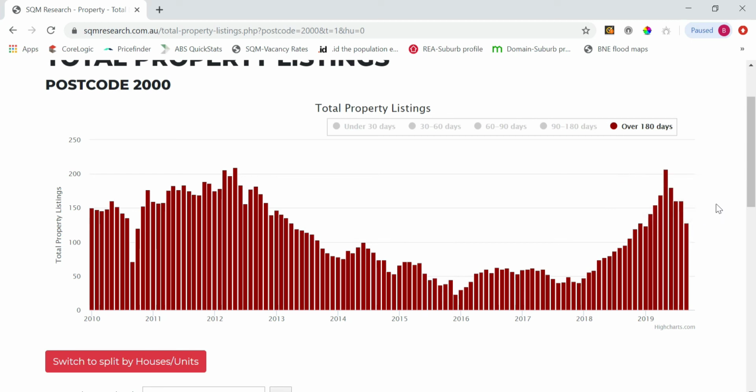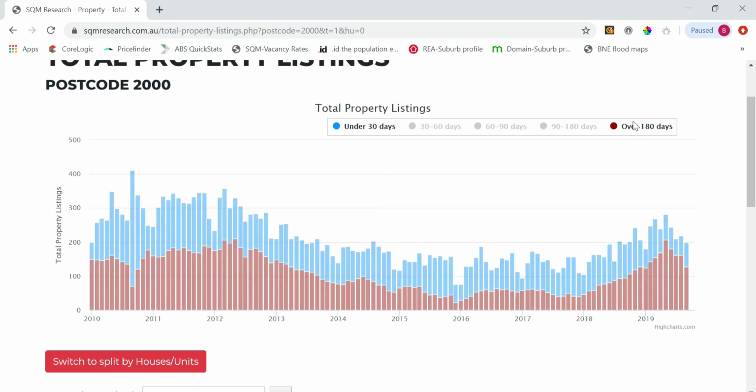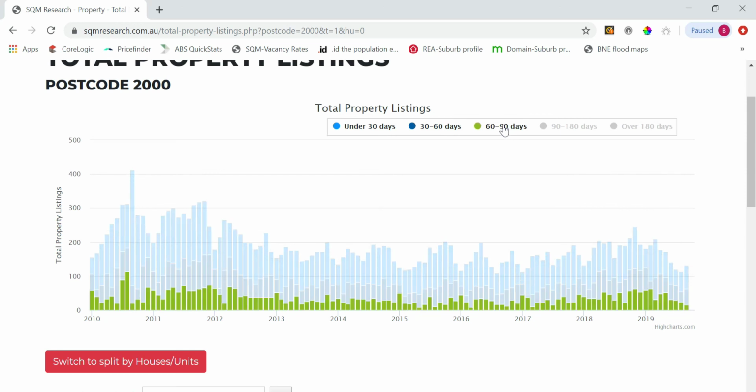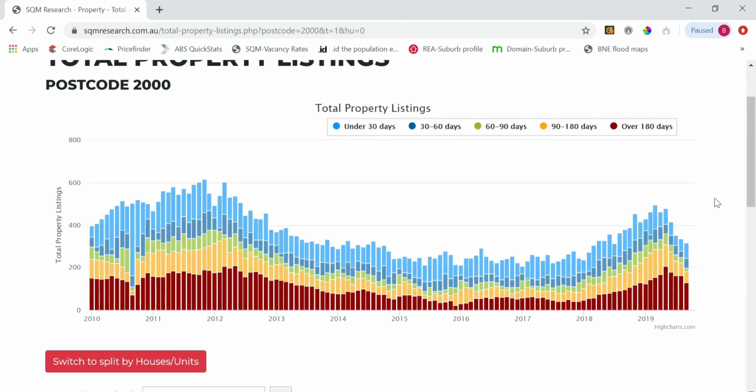It's still too high for my liking, but at least using this information, we can get a good idea about where it is. If we then decide to look at more recent, under 30 days, that could be a sign of people coming to market, and you can get an idea about where that sits in context. And again, to get a total, we just go back there and we can see quite a steep incline in listings, and then it's dropped back down again.